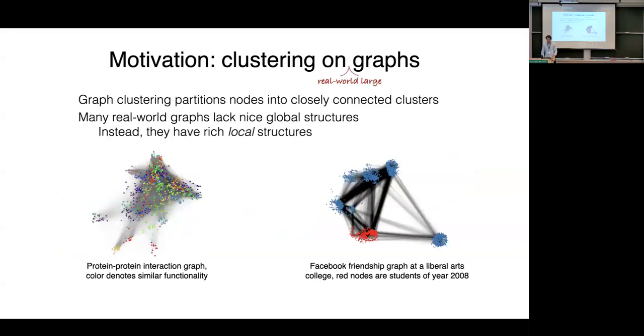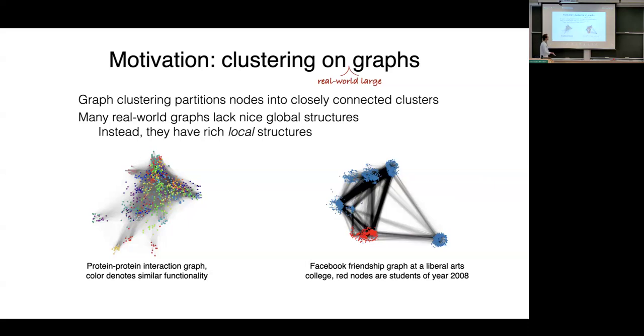However, whenever we're talking about real world graphs, especially large graphs, it seems that they lack these nice global properties, but instead they showcase rich, local structures. We saw some of these examples yesterday in Mario's wonderful tutorial, and we have the protein-protein interaction graph.